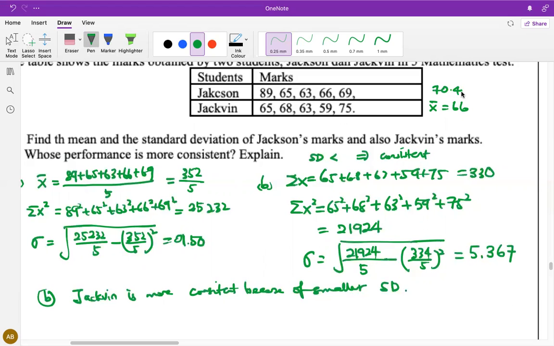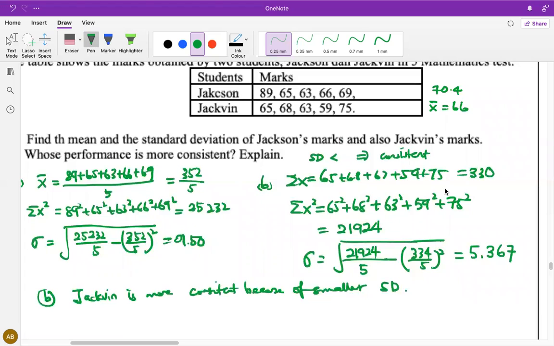So although Jackson's mean score is more, right? But Jack Fin is more consistent, right? That is the difference between the mean and the data. That means each test score is closer to the mean, right?